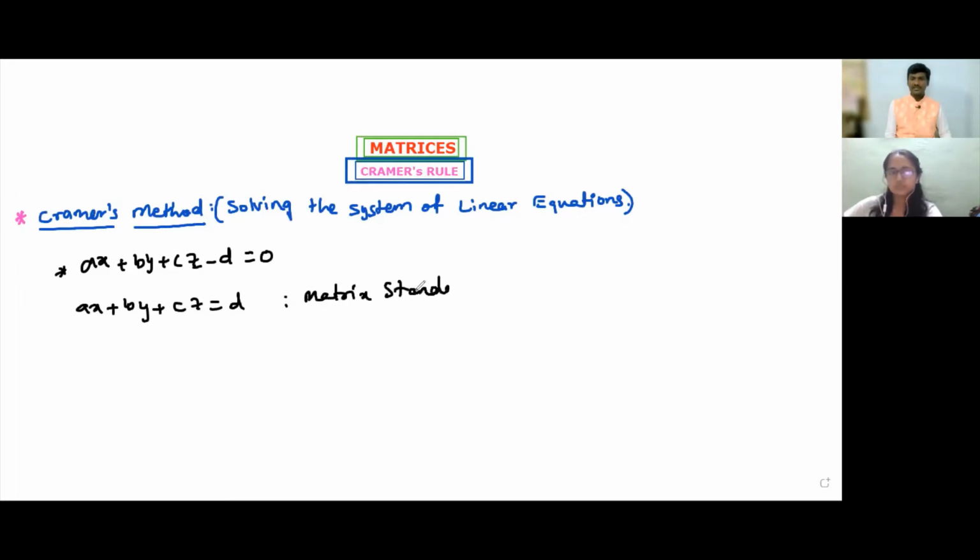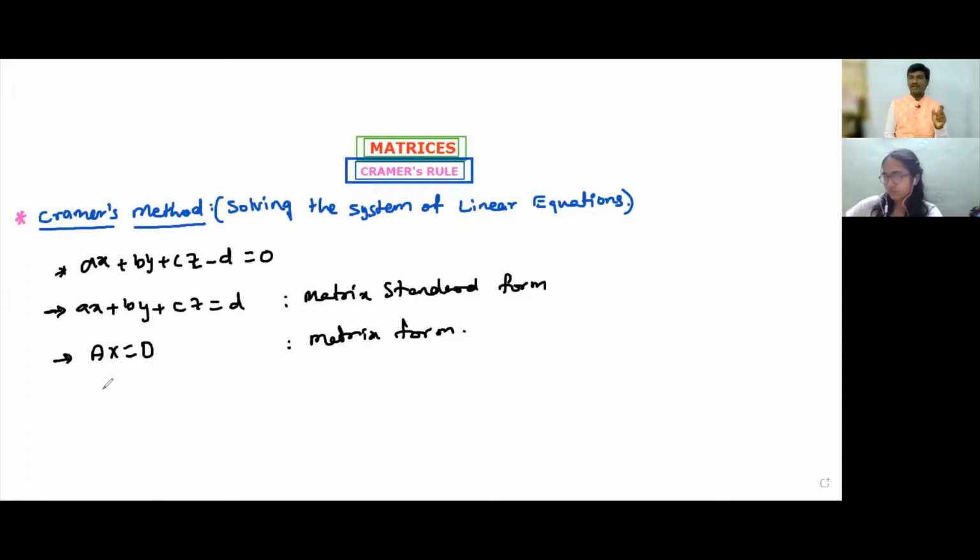After converting into this form, AX is equal to D is the matrix form. We write in the matrix form.